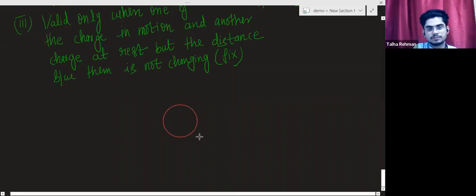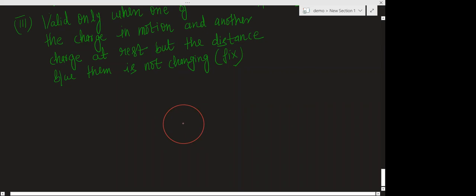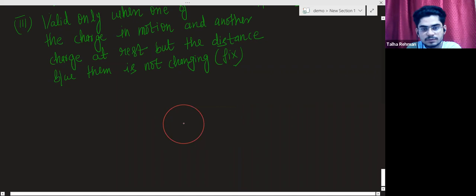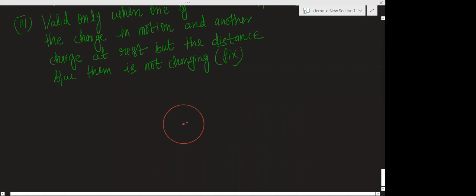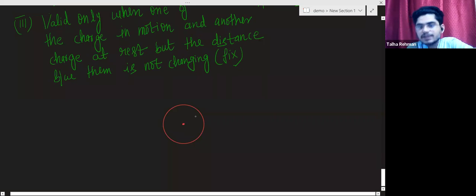What is this? Ajmi, what is this? Sir, a point charge. No, no. This is a circle. Suppose at the center of the circle, a charge Q1 is placed.